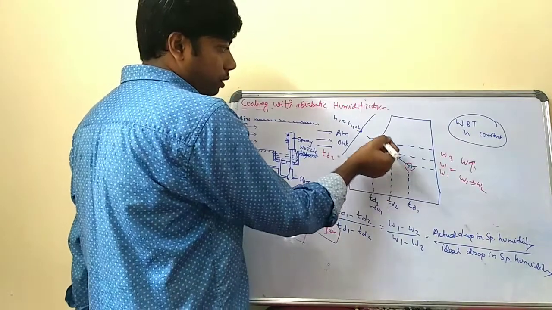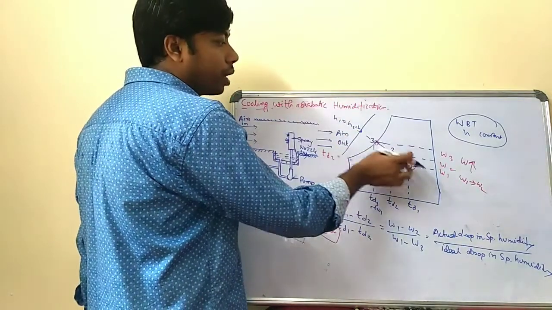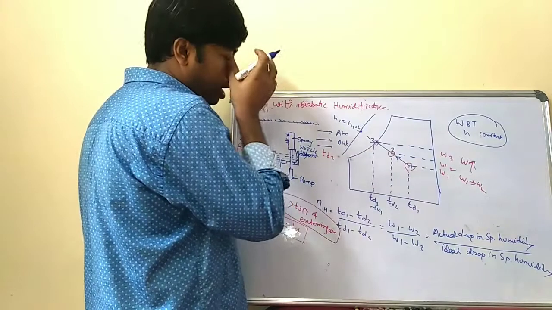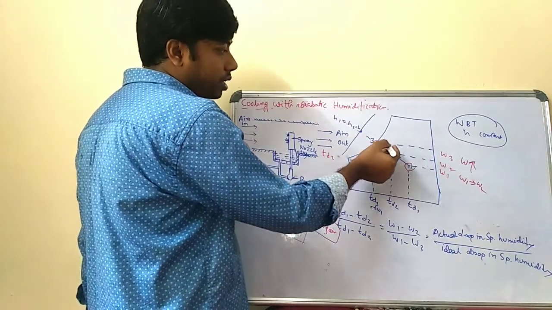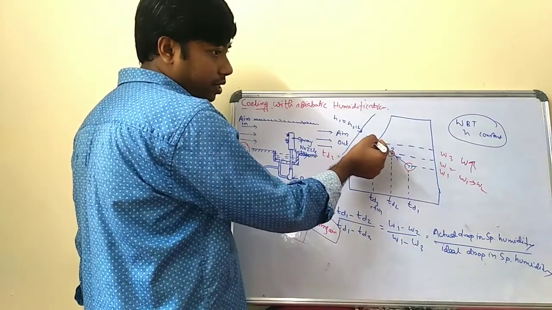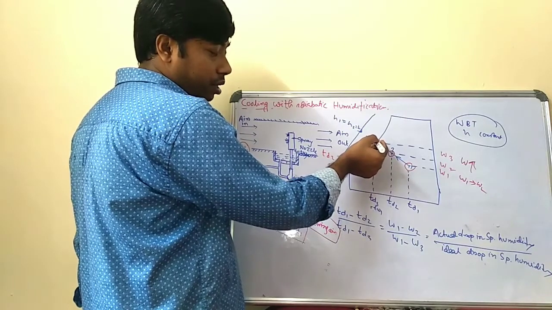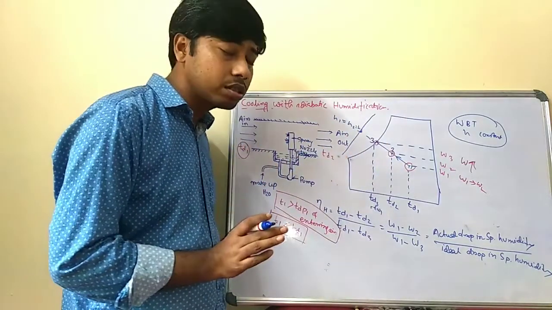So you can assume that between point 1 and 3 there is a constant line, and we assume that point 2 is here. If it reached point 3, that means the ideal condition, which is not possible.